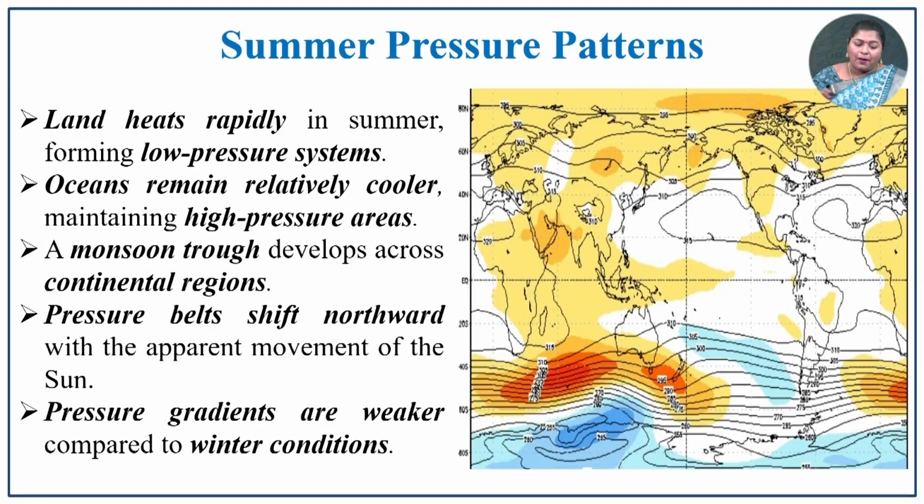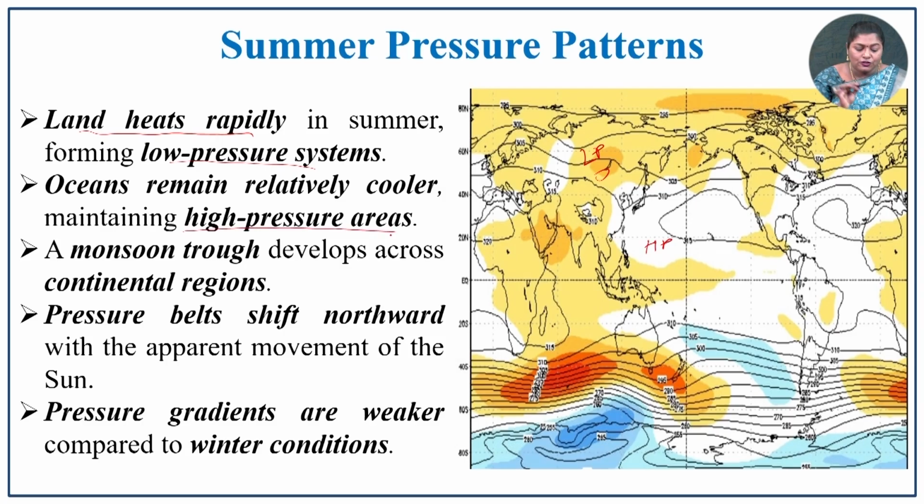The next one is the summer pressure pattern. Land heats rapidly in summer, forming low pressure. So, over the continent there will be low pressure, and over the ocean, which remains relatively cooler, there will be high pressure.